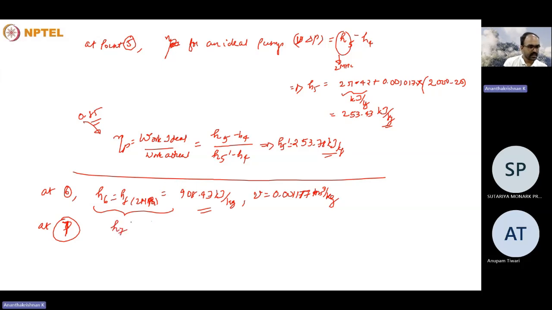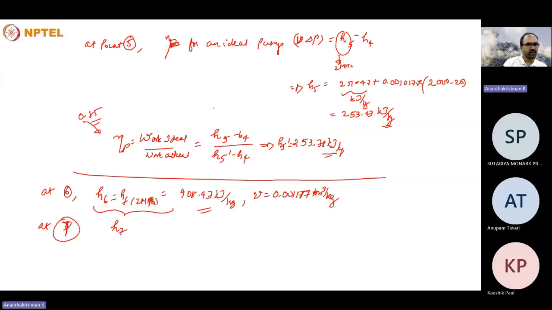Now, just like the previous case of 4 and 5, we have to determine 7 as well.